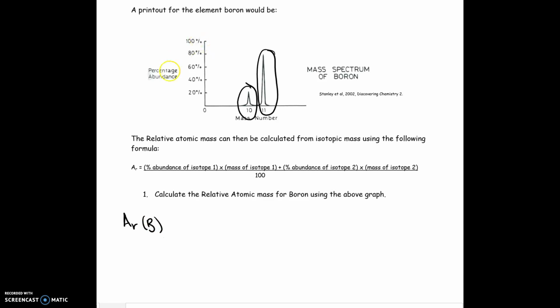So you can see here that it's a percentage abundance, which means the sample size is equal to 100.